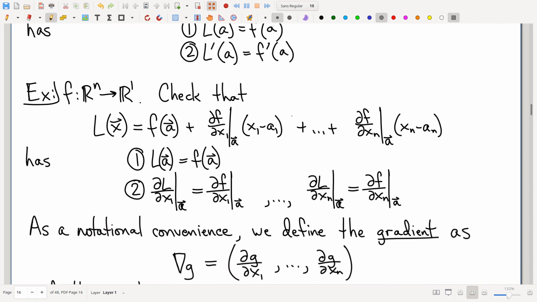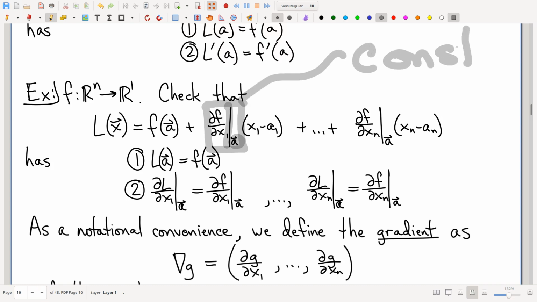Likewise, along those same lines, this thing right here is evaluated at the point A. By the way, that's what that notation means. This vertical sort of bar with an A at the bottom means I'm evaluating the expression to the left at the point A. And that also is a constant, as is this also constant.